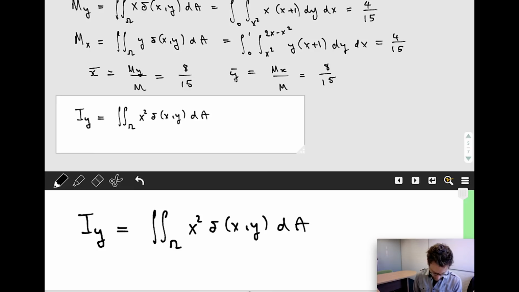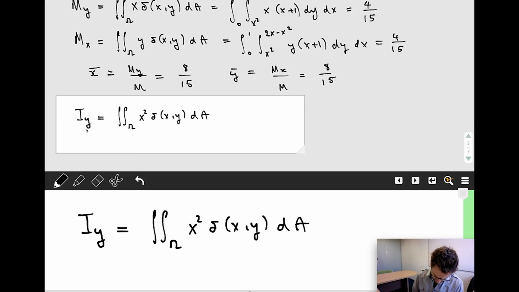So again, we notice that the subscript here refers to the axis, and we're actually going to put in the distance from that axis in the integral. So we've got x squared here, but a subscript y. So slightly confusing, but that's just referring to the distance from the axis y.